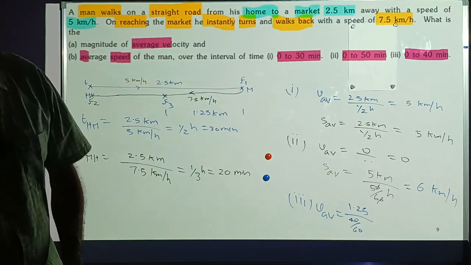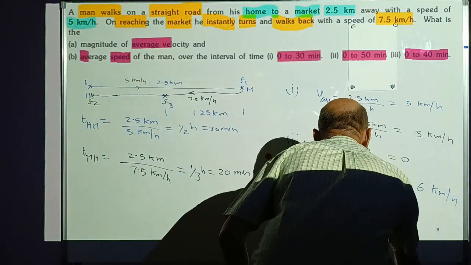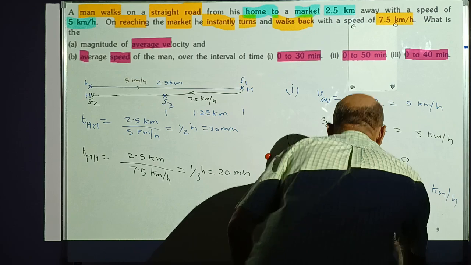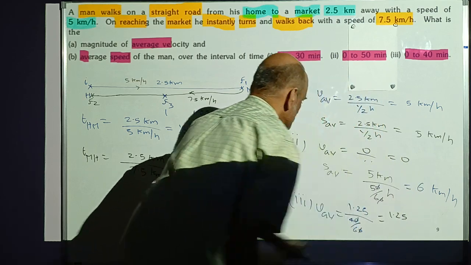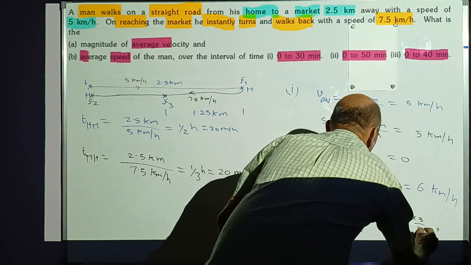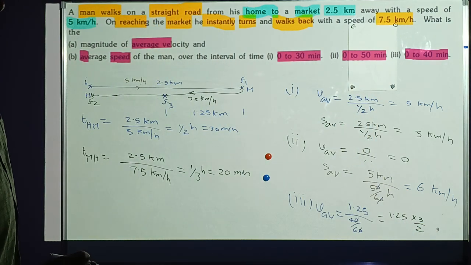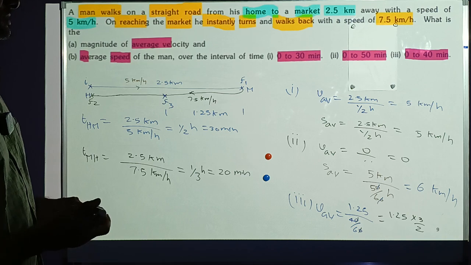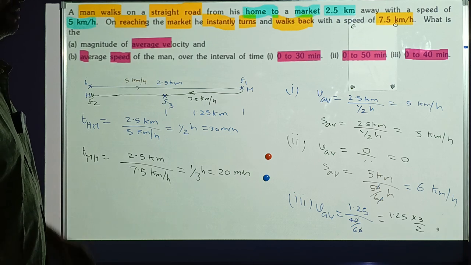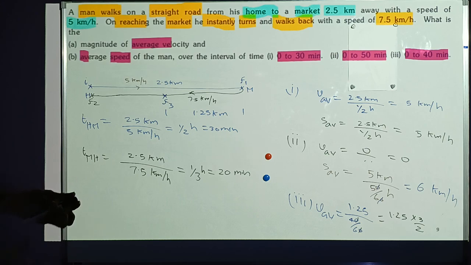So it is 1.25 into, the 0 will cancel, so this is 2 by 3. So 3 will come up and 2 is down. So this is 1.25 into half.